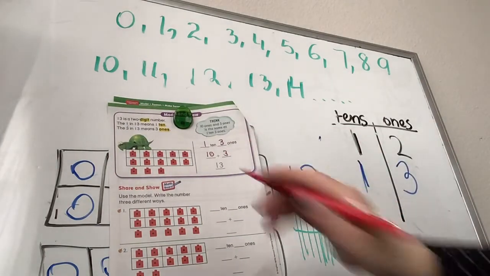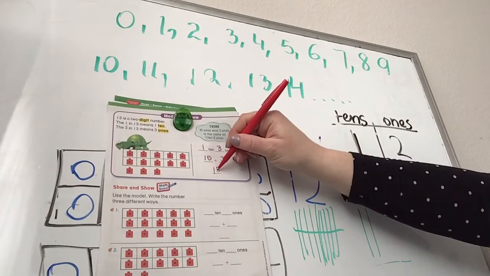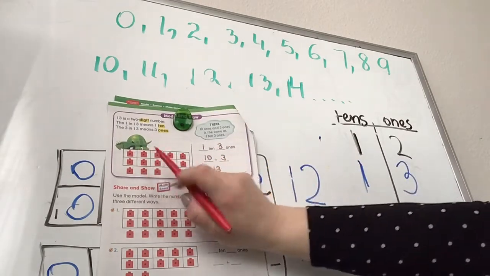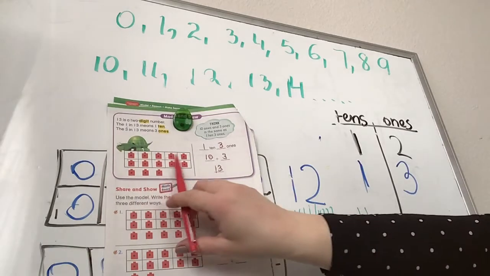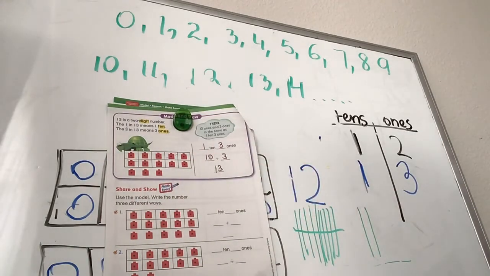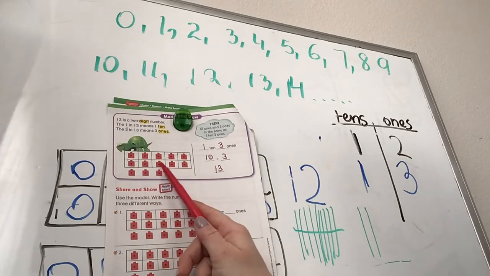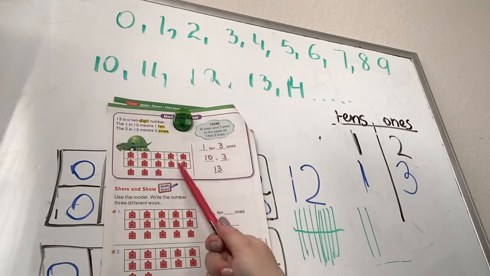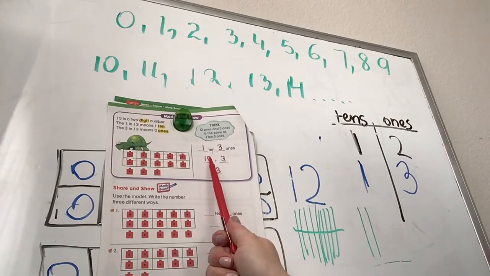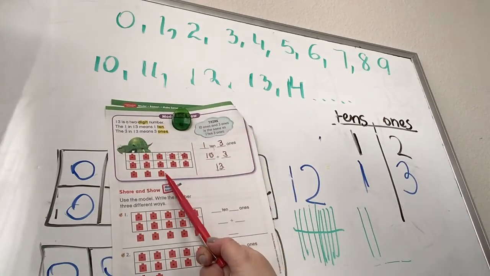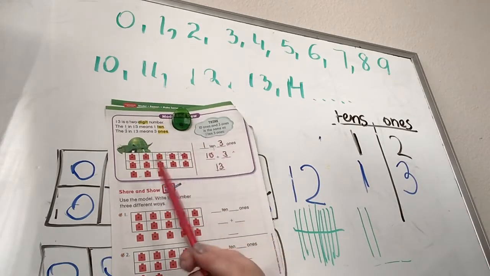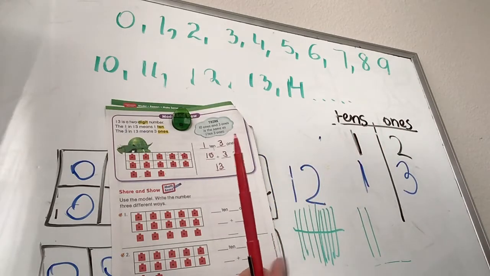Well, 10 plus 3 is 13, and I can double check with my model. I have 10, I don't have to count. Well, sometimes I do. So if you want to double check, count 1, 2, 3, 4, 5, 6, 7, 8, 9, 10. Yep, that's 10. I can write right here the number 10, and 3 ones, 1, 2, 3, 3 by themselves, right? They are not in a bundle.